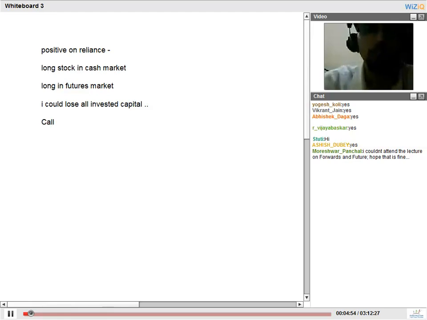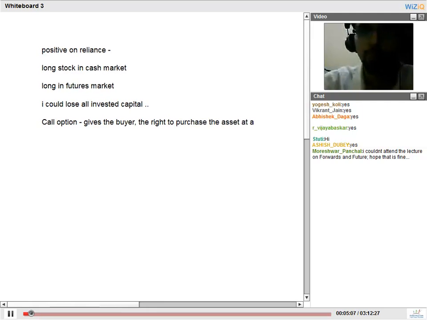The first type of option is called the call option. A call option gives the buyer of the option the right to purchase the asset at a pre-decided price. So let's say for the Reliance stock, I hold the option to purchase at 1,000 rupees.